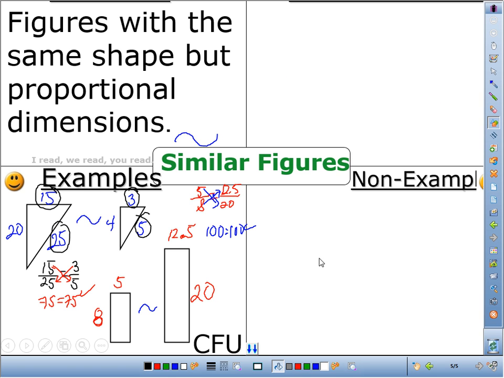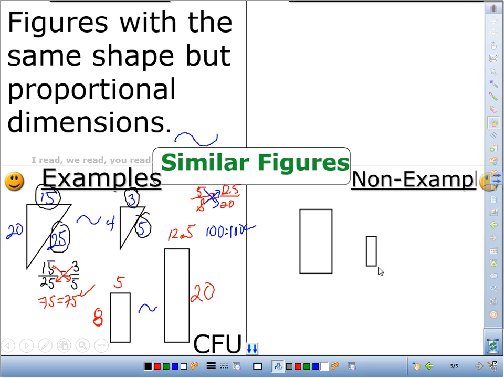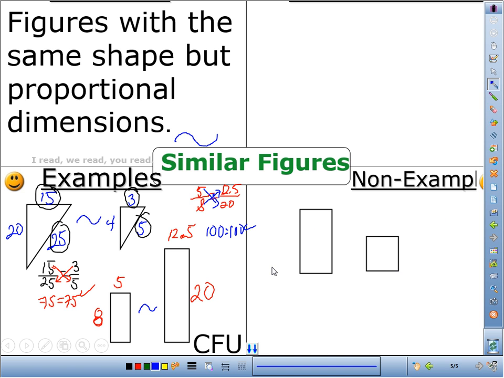Alright, so now that we got that, let's find out what are non-examples. Copy this one down, please. Let's say this one is 10, this one is 20, this one is 5, and this one is 5. Alright, so let's see.